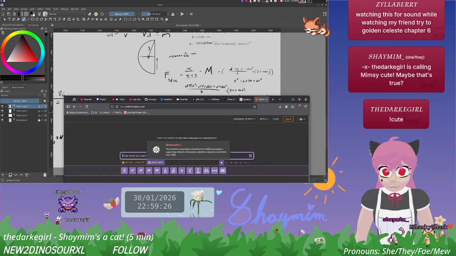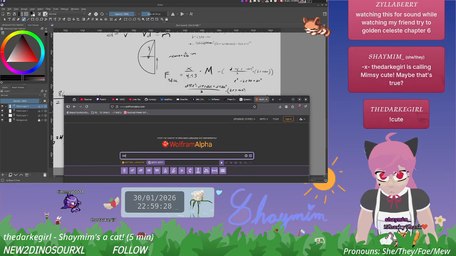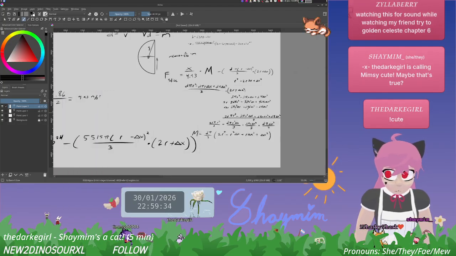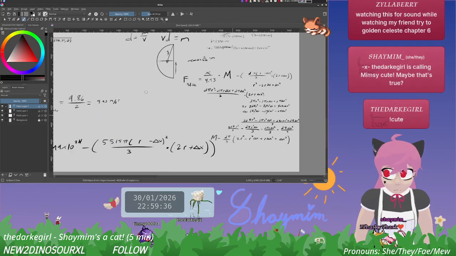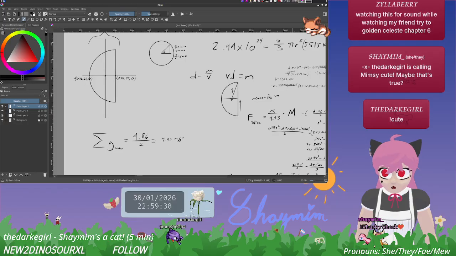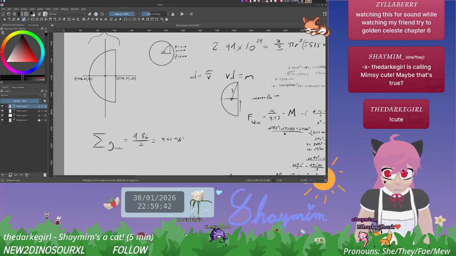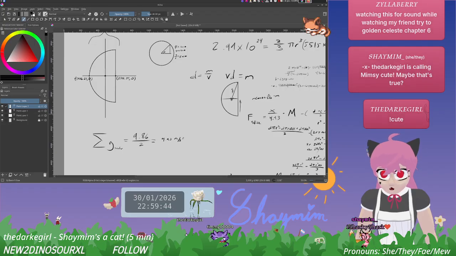So let's see. We want to say integrate from 0 to... It's not AI, it's existed for a while before that. And it is a math tool. Integrate from 0 to 2391.75.